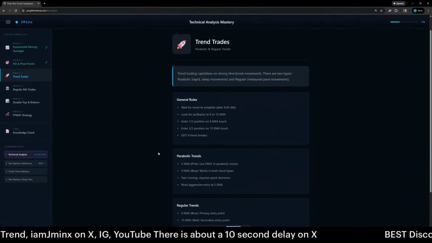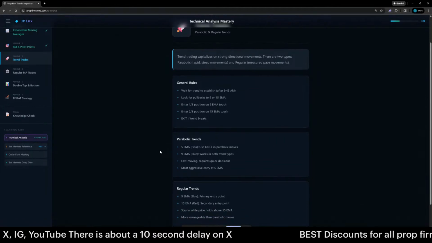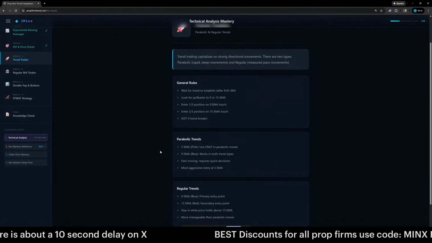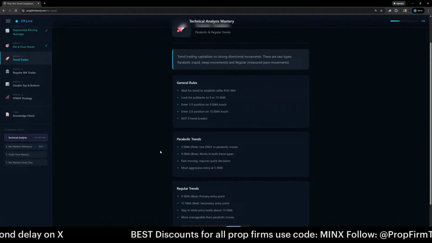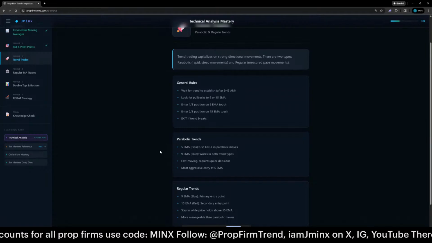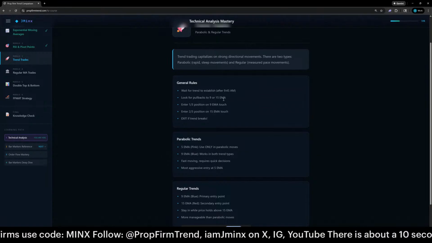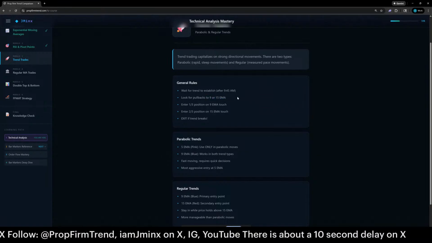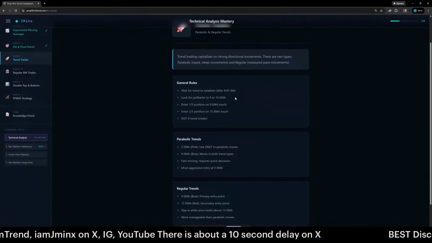With trend trades, the general rule is you want to wait until around 9:45 a.m. to establish if it's a trend trade. You would want to be looking for pullbacks to 9 or 15. If it's a parabolic move, then you want to wait and have it pull back to 5.